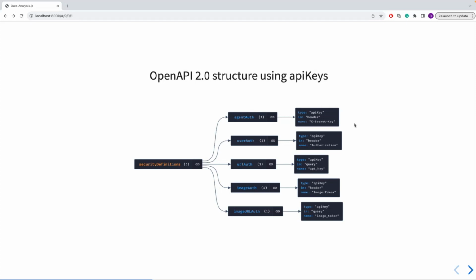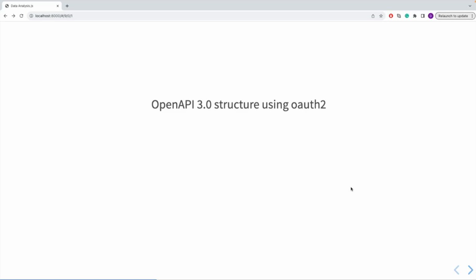The developer defines a conventional name, and then they need to build that key. They define a type where the key is going to be and a specific name for the key. So we also see that we can implement several keys for protecting this part of the API.